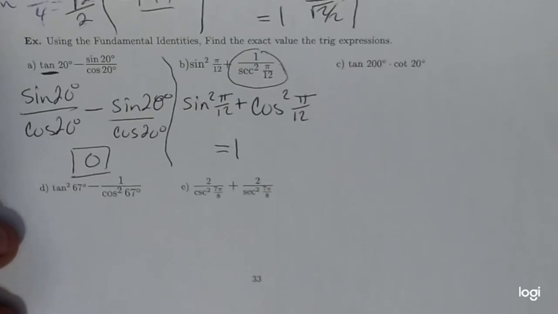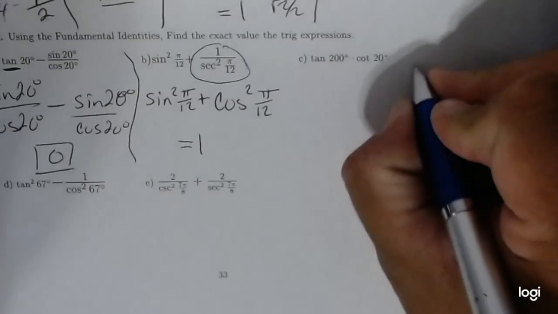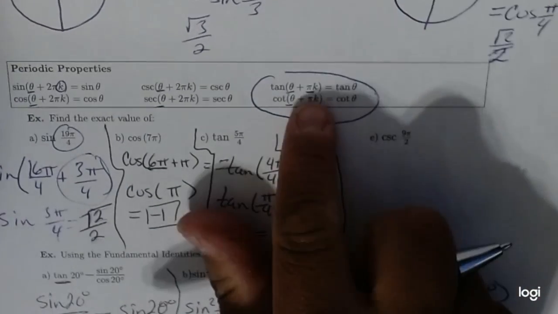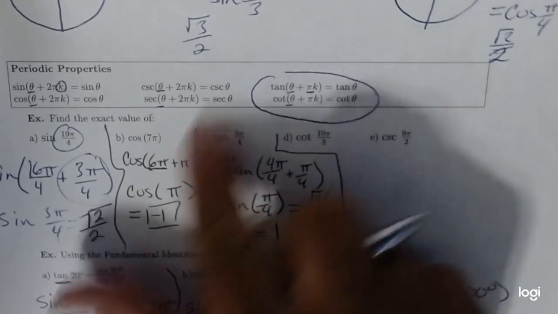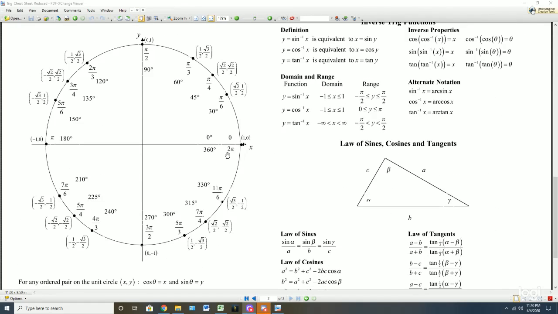Let's try these ones. C is a little tricky because it's a tangent, right, when it comes to it. So, fun fact, right? Tangent 200 degrees. Now, going back to our periodic properties, right? Tangent has a revolution of pi, or in degrees, it's 180. So if we go back over here, you can see, right? Pi is the same thing as 180.